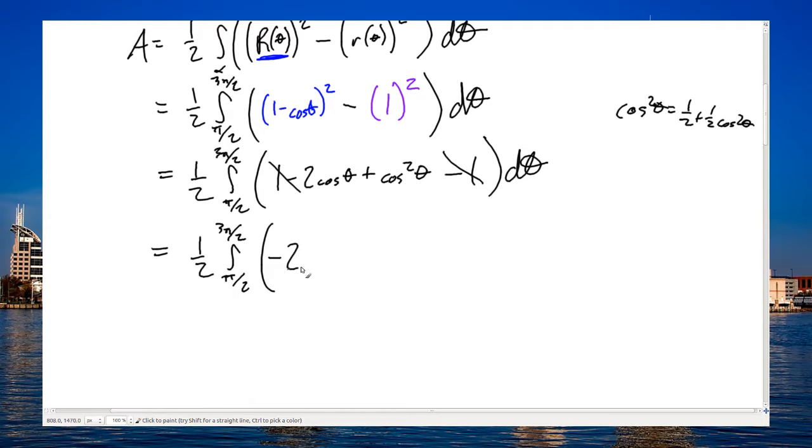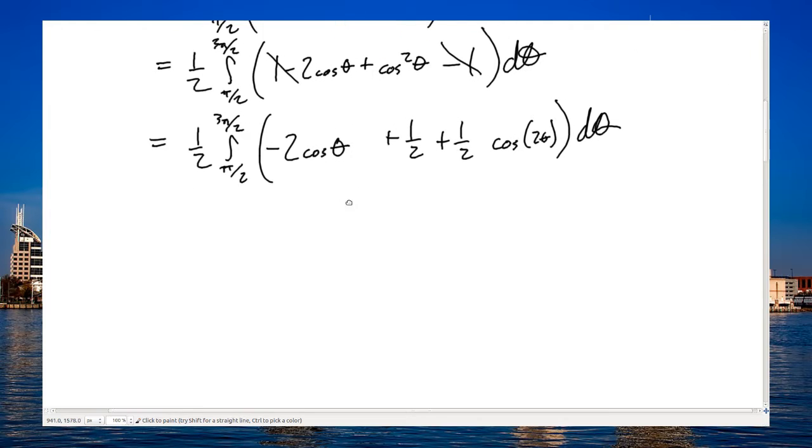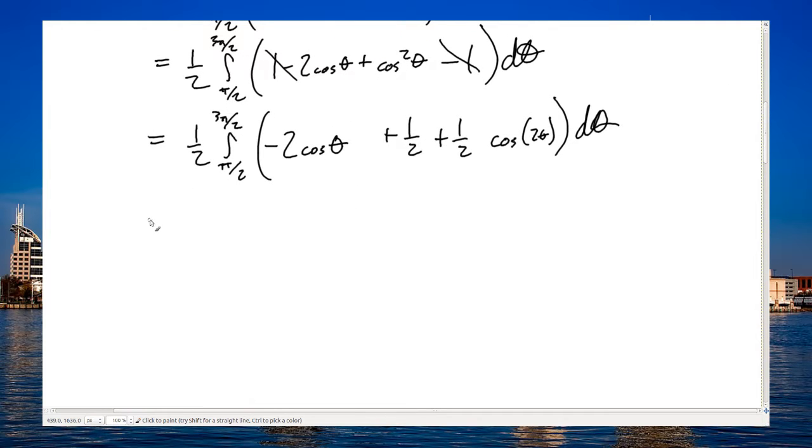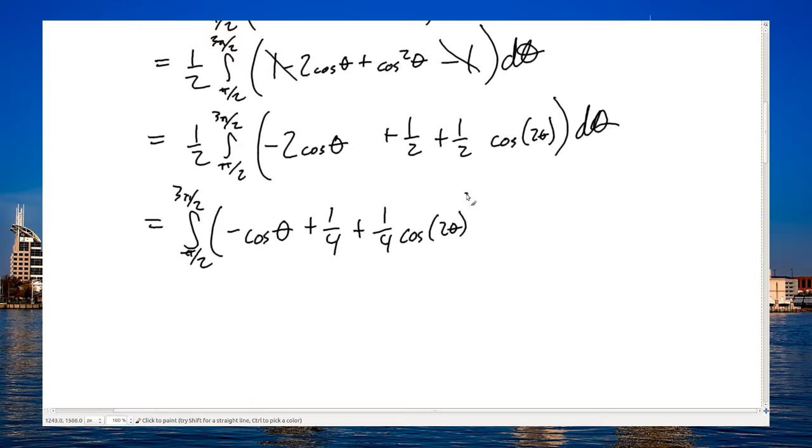So I have negative 2 cosine of theta plus 1/2 plus 1/2 cosine of 2 theta. And if you want, you could multiply in that 1/2. So I get negative cosine of theta plus 1/4 plus 1/4 cosine of 2 theta.